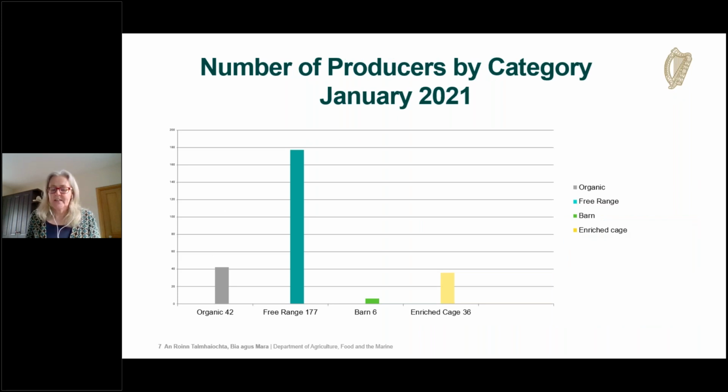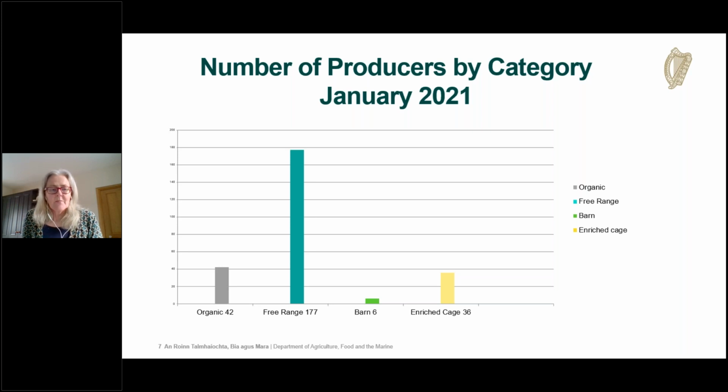And just in the context of the other 3 systems then, in terms of organic, as I said, there's 42 producers, there's 177 free range, currently 6 barn, and 36 producers involved in enriched caged egg production. So that's overall 261 producers on the register in January 2021.